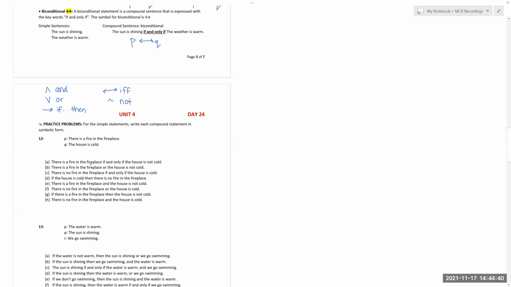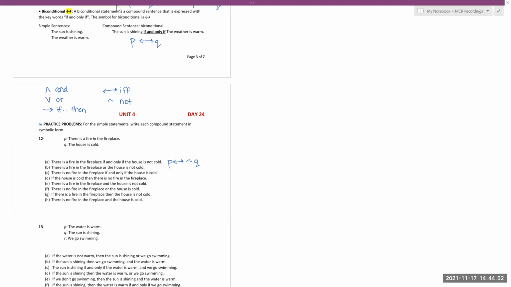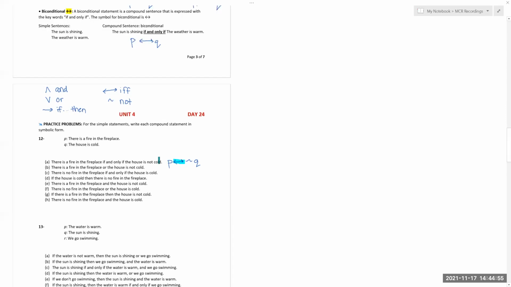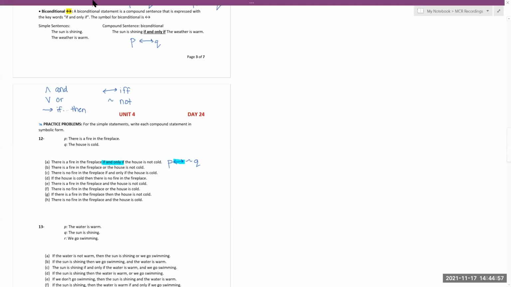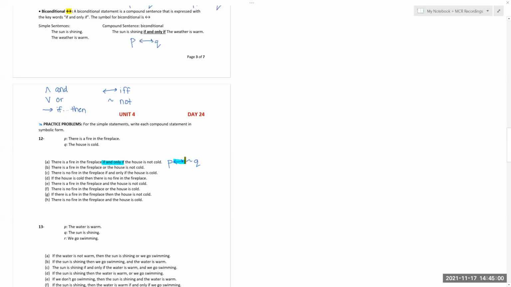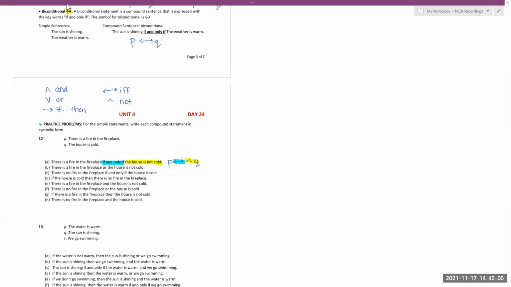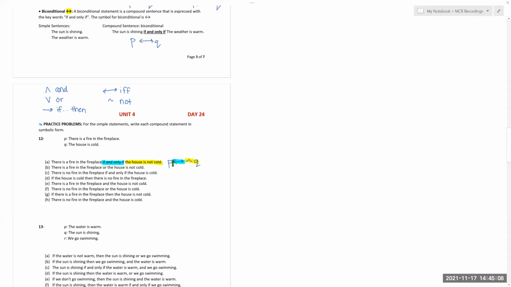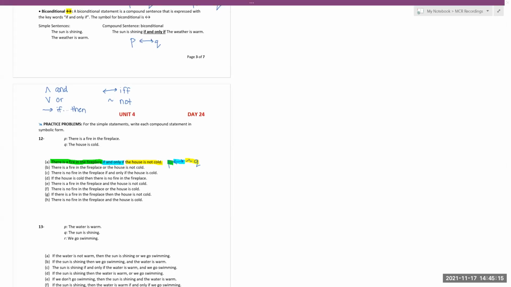So there is a fire in the fireplace is P. If and only if is the biconditional, and then not cold is not Q. So here's my biconditional, if and only if. Here's my not Q. And then over here, I had my P statement. So breaking that down so we can see it.